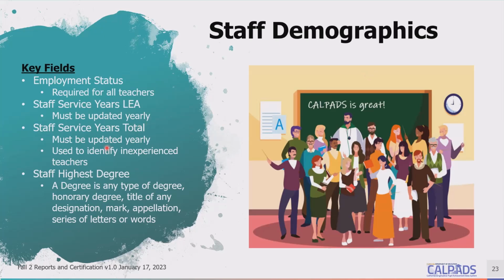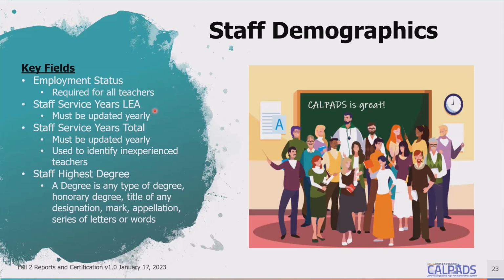So for staff demographics, we need you to tell us the employment status, and this is optional for non-teachers. So employment status is only required for staff members who are teachers. For admin and pupil service, this is an optional field.